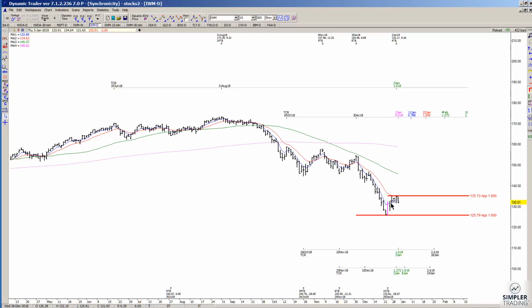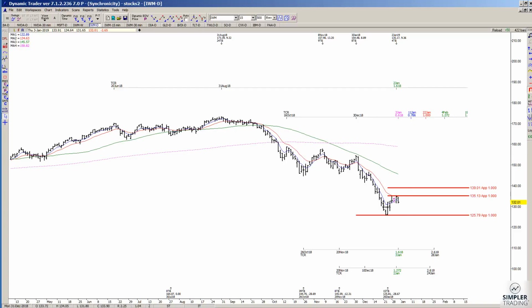Now, I did just show you the one that matched up perfectly, but I would have also run, for example, this low to this high, said, okay, there's potential resistance above there, or this low to this high, there's potential resistance. Actually, that would have come in just a little bit lower.